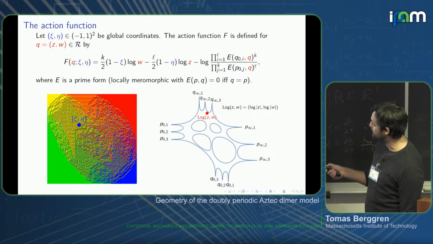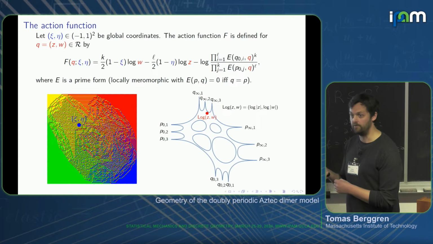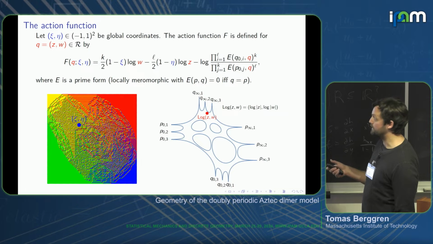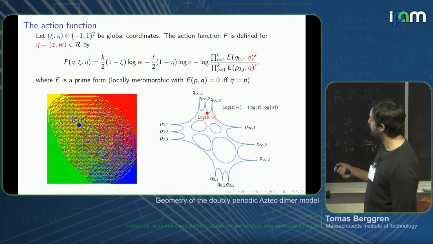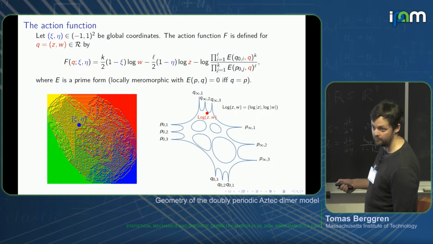So you see this w and z are the coordinates in the spectral curve, and psi, eta are the points in the Aztec diamond. And then we have this additional term, log of some quotient of prime forms. I will not go into and explain exactly what these prime forms are, but you can simply think about these as meromorphic functions, or at least locally meromorphic functions, such that this object has zeros at these angles, and it has poles at these angles.